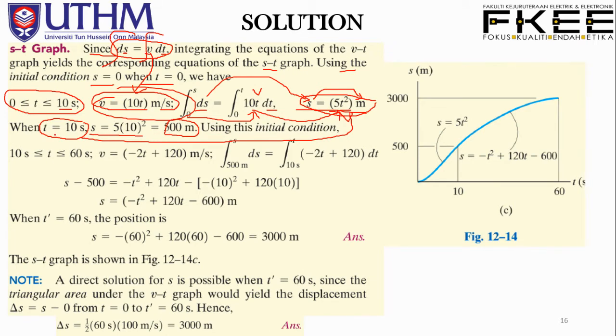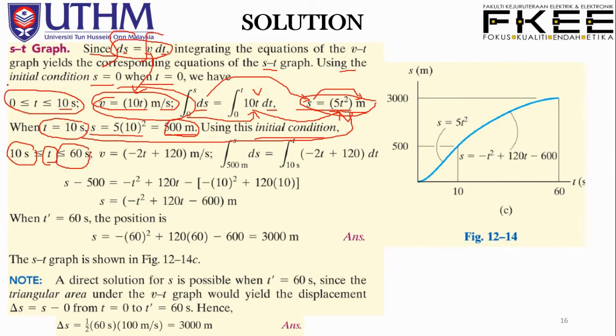This means after 10 seconds, our car has moved up to 500 meters. Using this initial condition, we are able to find the value for the remaining t, greater than 10 seconds but less than 60 seconds.